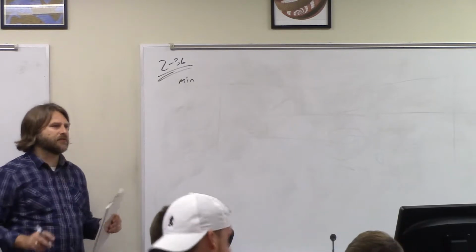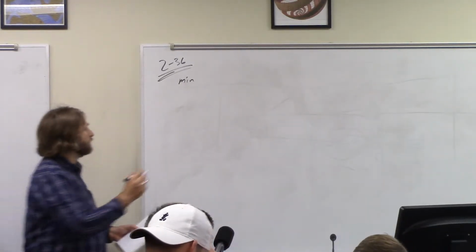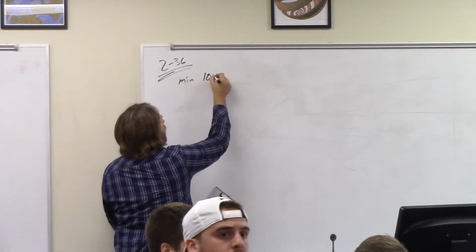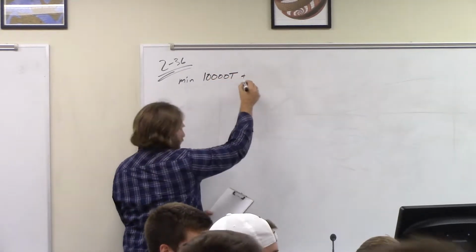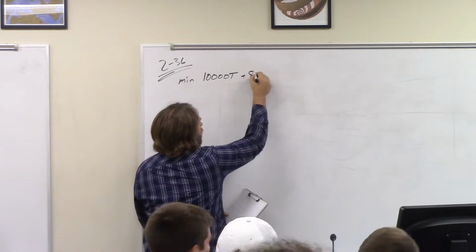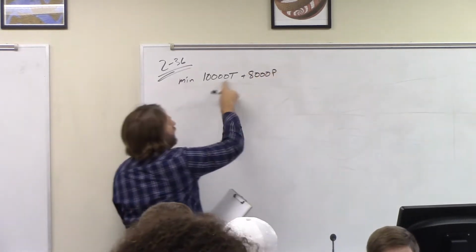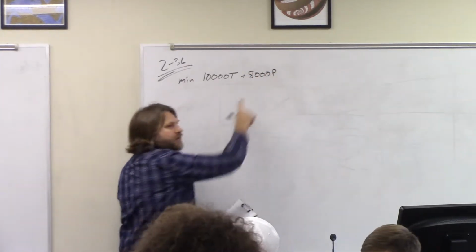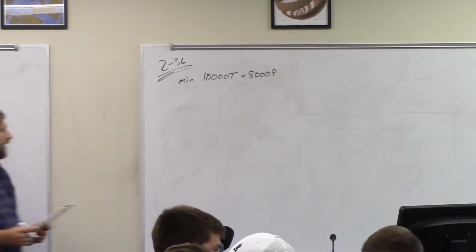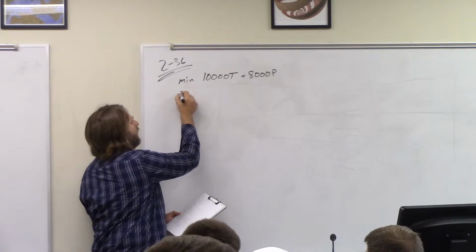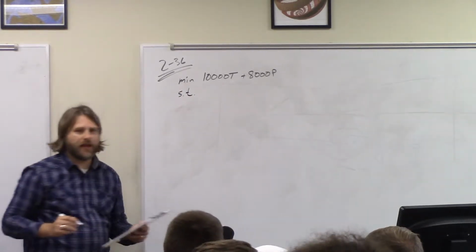It's $10,000 per training. Uh-huh. And then $8,000 for problem solving. So the cost is going to be $10,000 for each training and $8,000 for each problem-solving class that we offer. Okay? So that's the last bit of information that we hadn't completed.